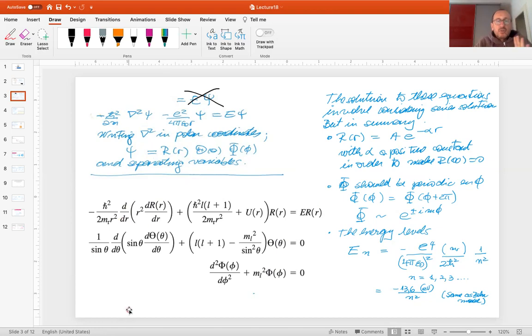Okay, I'm just reproducing what the book is telling me. So I have a second order differential equation here. This is the second order, the two derivatives of a function of the radius.